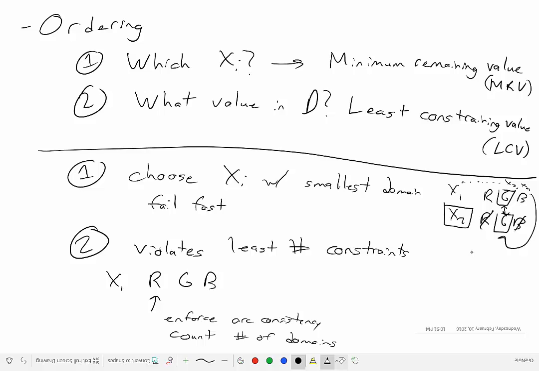So that's a sense of how much violation this assignment caused. And then you could also do this for green in your head and also for blue. And then you would compare all of them and take the one that violated the least.